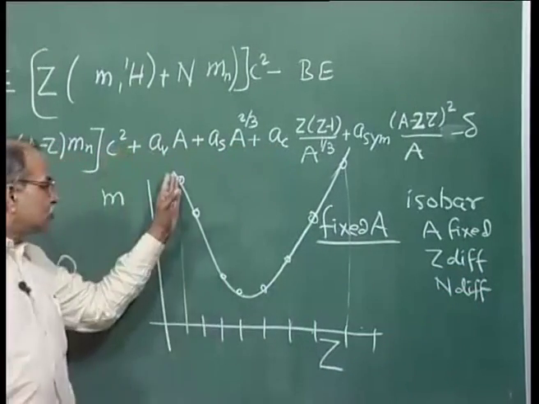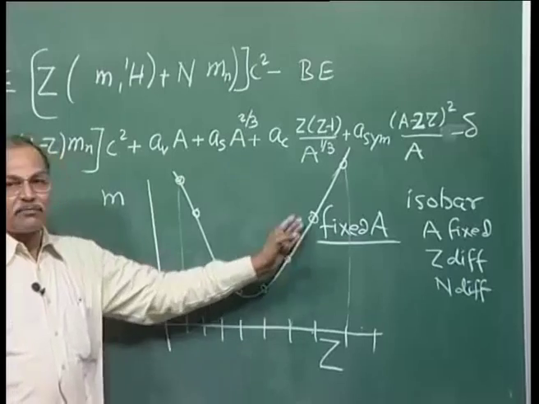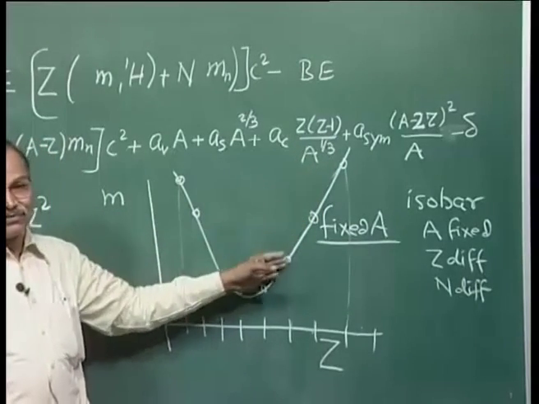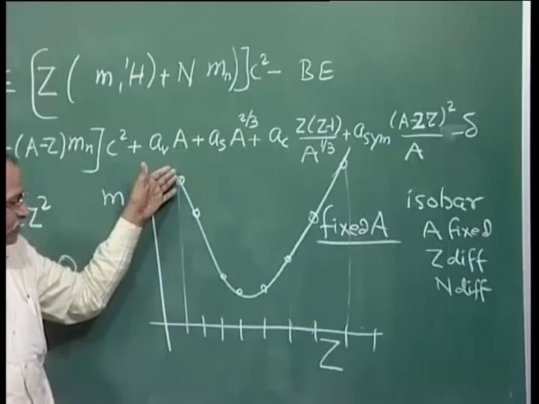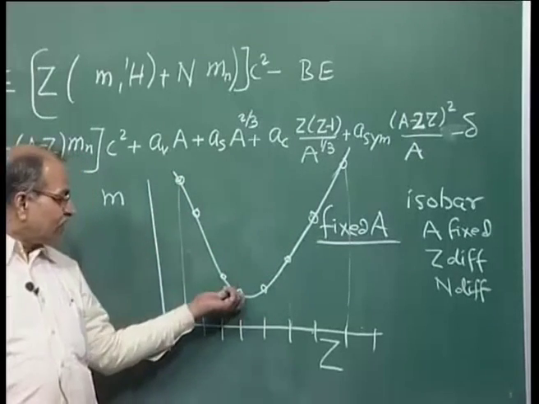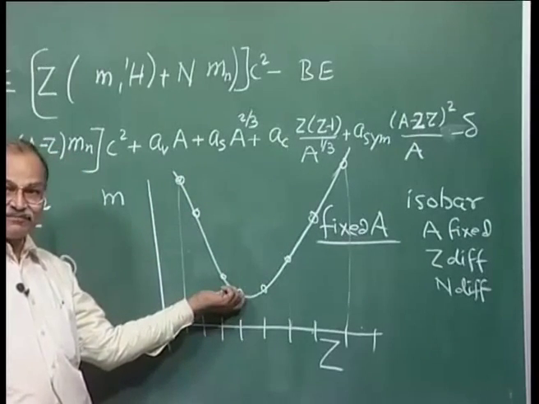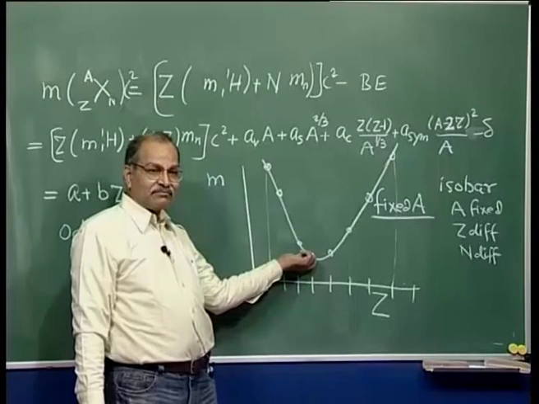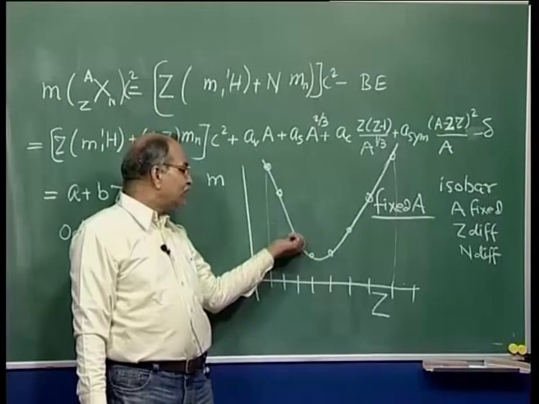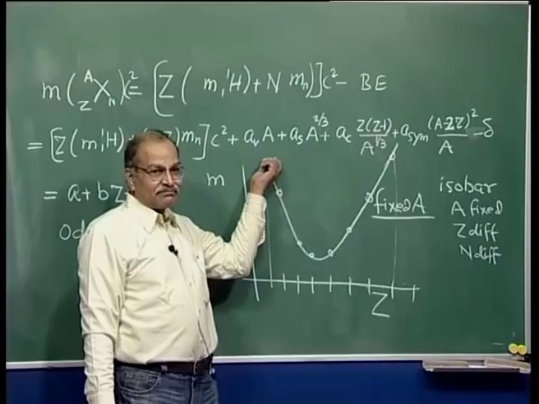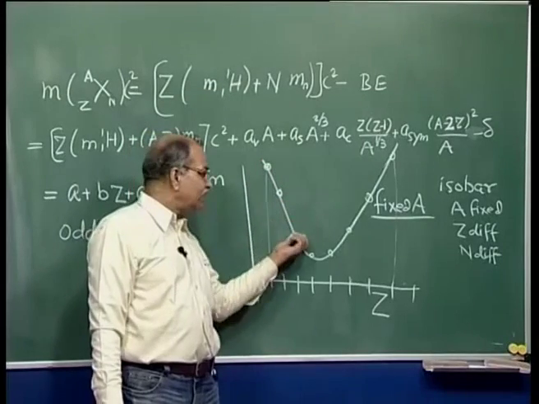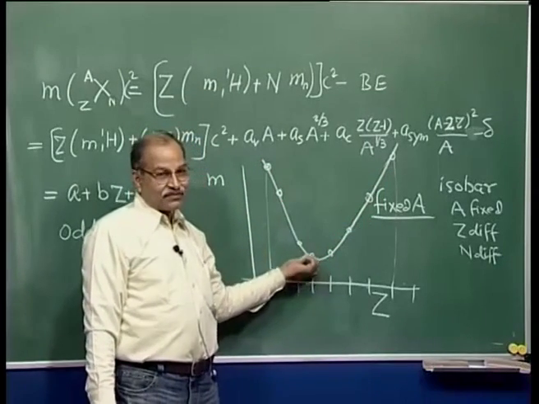So all these isobars are falling on this parabola, right? And the isobar which has the lowest energy will be stable, and others will be radioactive, beta active, this side or that side, right.